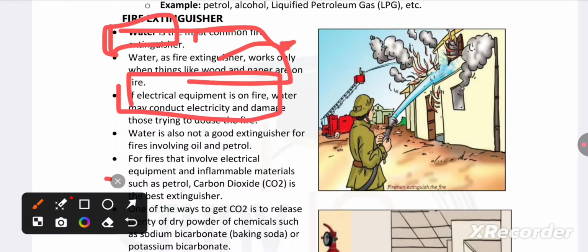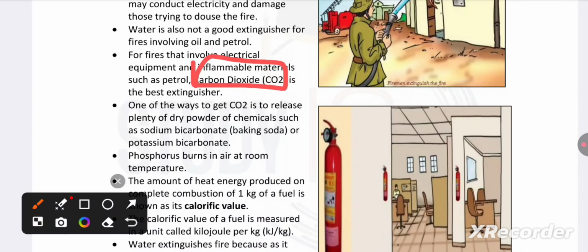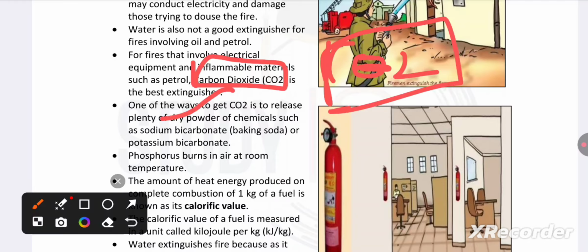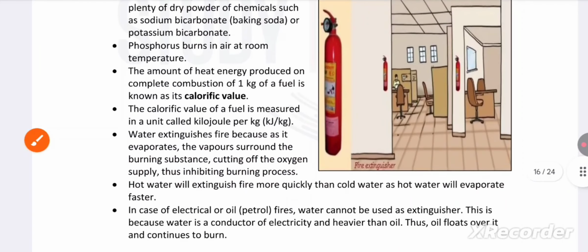In that case we use carbon dioxide, CO2. Very important. It releases plenty of dry powder of chemicals such as sodium bicarbonate, baking soda, or potassium bicarbonate.